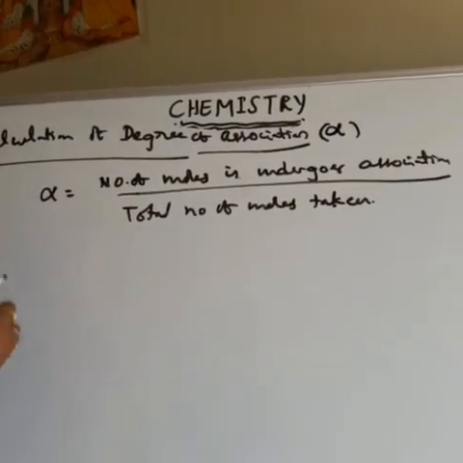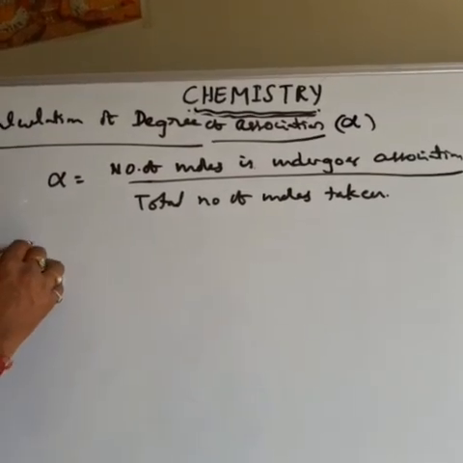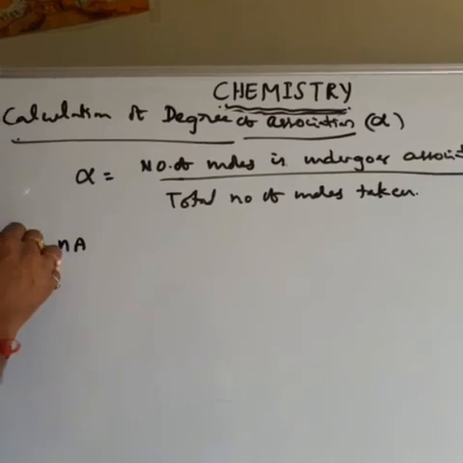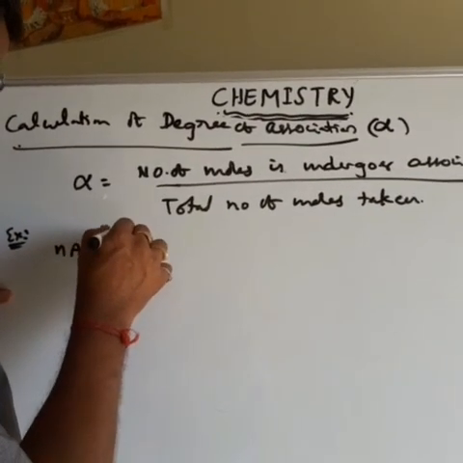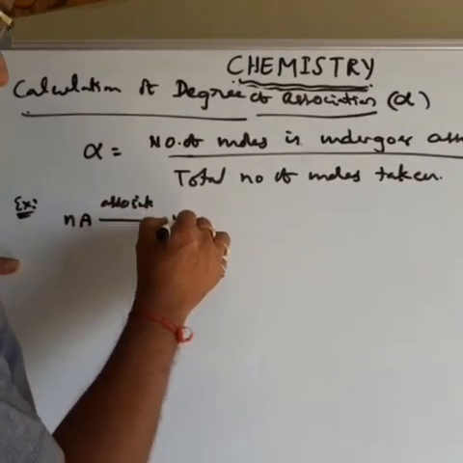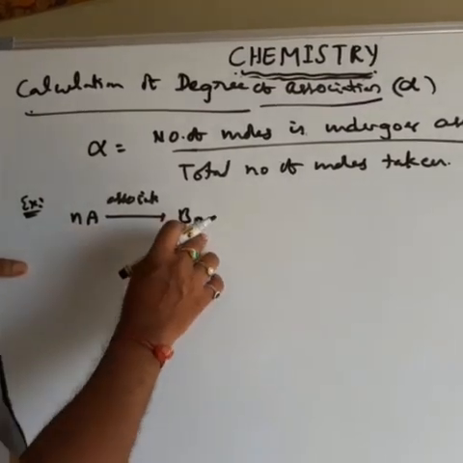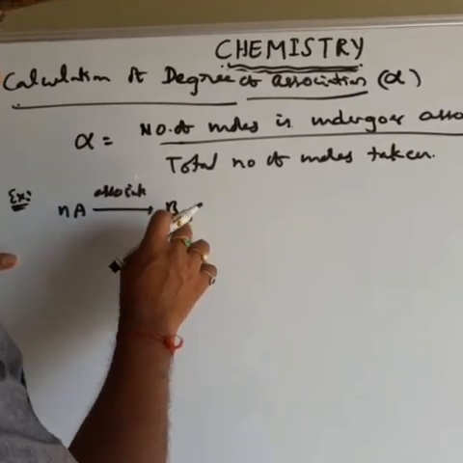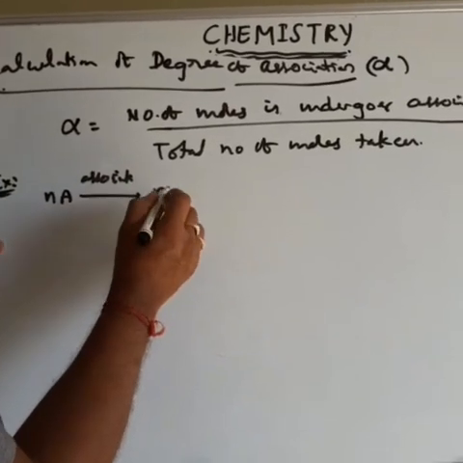So that is the degree of association. It is explained by a small example. Here n moles of A undergo association to form An, meaning 2 moles of substance associate to form 1 mole. Like that, n moles of A become An, here suffix n.